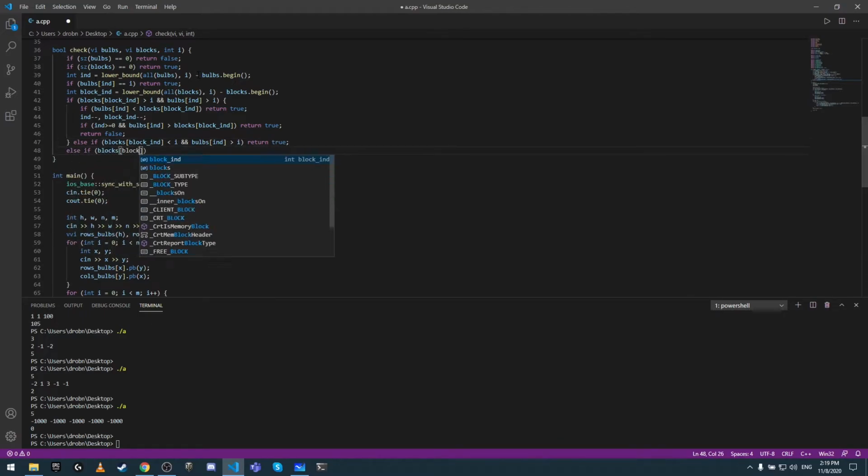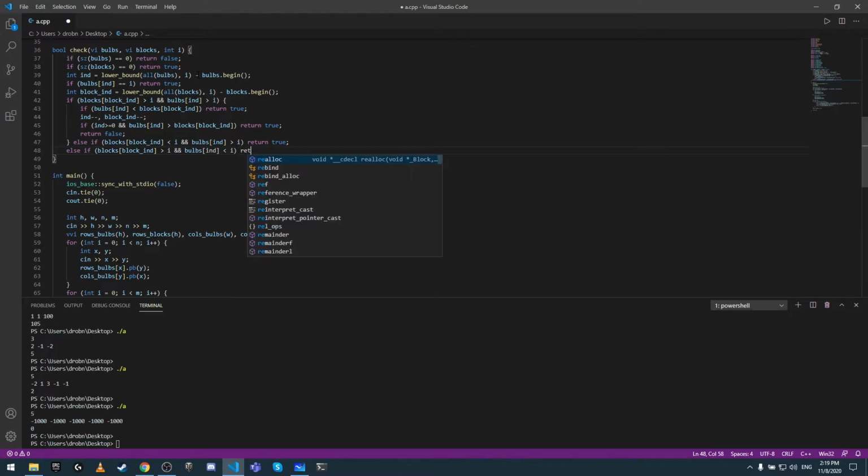Blocks at block index, they will both definitely be over, right? Did I solve anything with this? I don't think so. Wait, so I eliminated all of them. Now is this all? Because they are going to be over. Then return true.